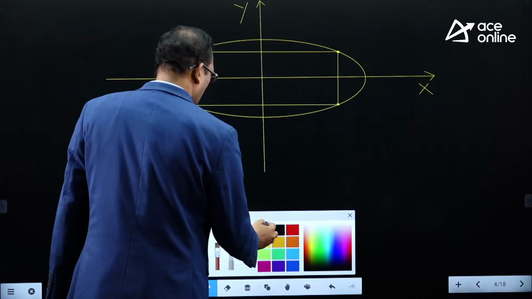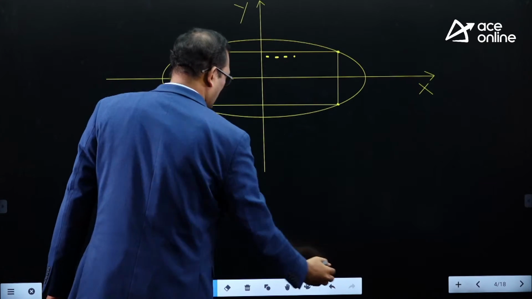Now you observe this. This is the area inside that rectangle.